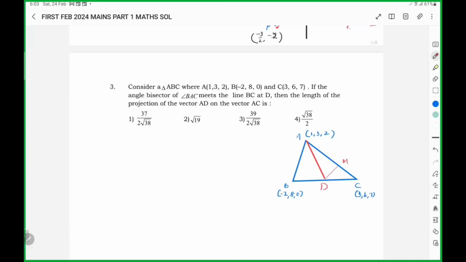That means the projection of AD on AC is AM. This is what you have to find out.